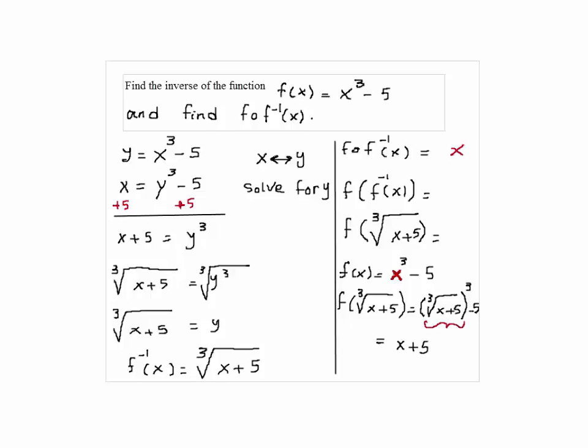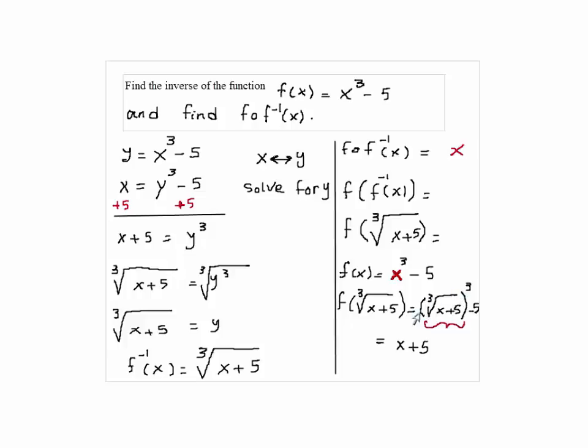Then I raise the cube root of something to the power of 3 right here. Then I raise cube root of x plus 5 to the power of 3. This would be equal to the power of 1, right?